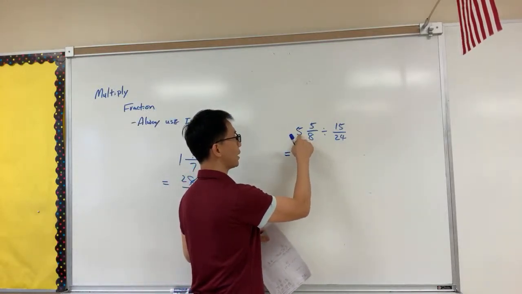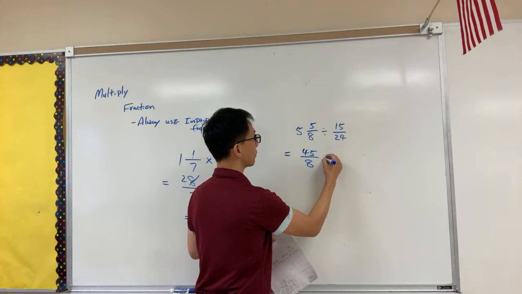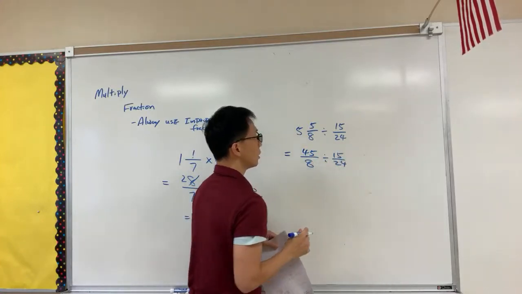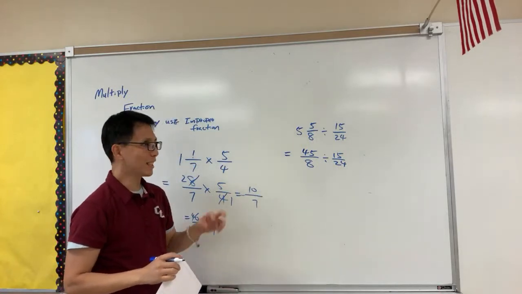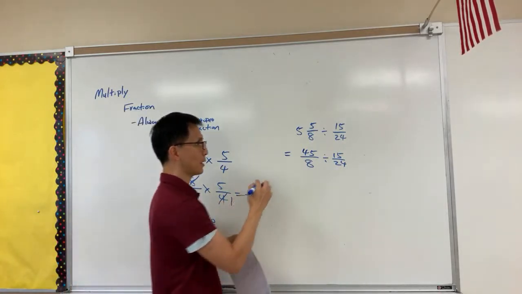How do I do that? Well, 8 times 5 is 40. 40 plus 5 is 45 over 8. I'm going to divide it by 15 over 24. Dividing is just multiplying by the reciprocal.